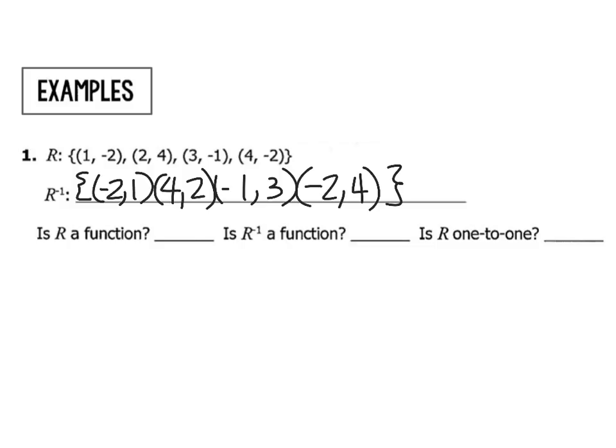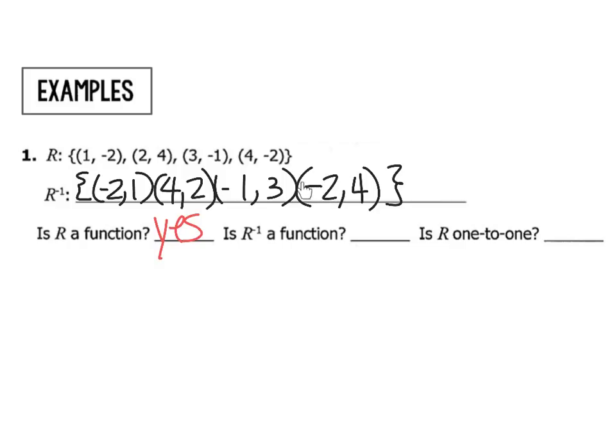So then we want to ask ourselves, our original relation, is it a function? Do any of the x values repeat? And the answer is no. None of the x values repeat, so yes, it is a function. Then we want to look at our inverse. Do any of the x values repeat?